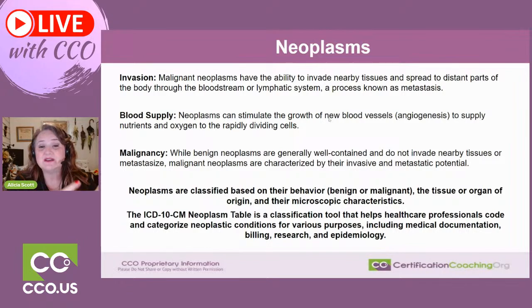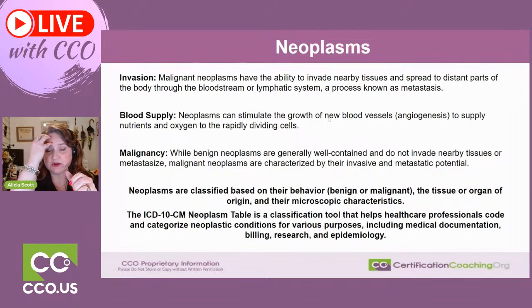That doesn't mean eventually they can't turn into malignant. That can happen, but most of the time they can get in there and get rid of them before they get to that stage. But malignancy is not contained, and it will invade nearby tissue and metastasize.